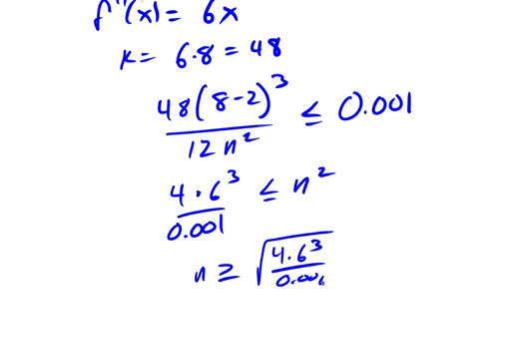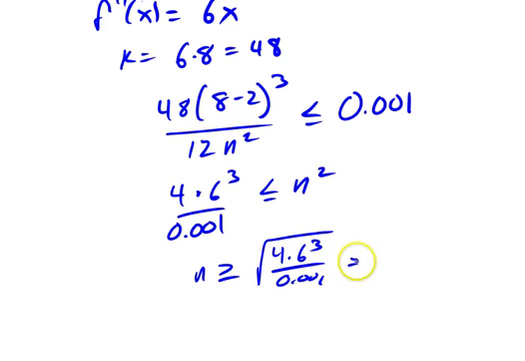I'm going to take out my handy dandy calculator and find that 4 times 6 cubed divided by 0.001 is, take the square root, wow, pretty big.